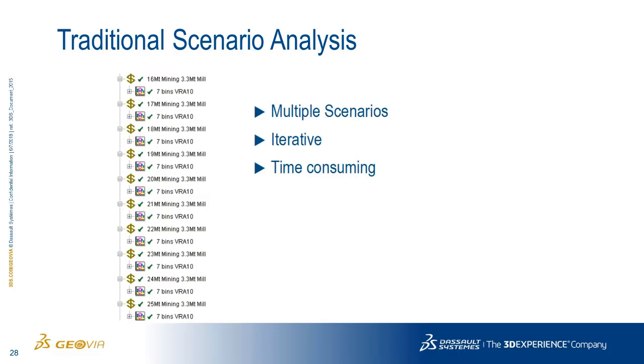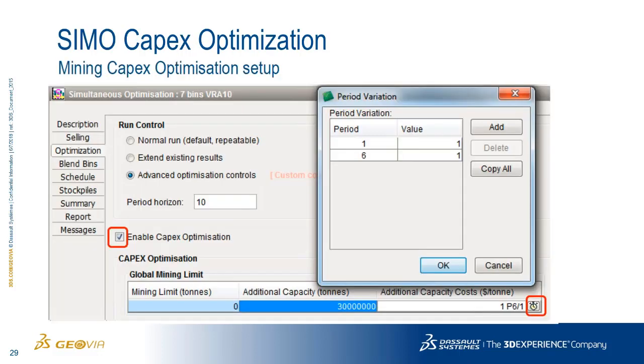Okay. So what the user would have to do is essentially manually try these different capital levels and obviously the capacity that goes along with it. Okay, so that could take some time. So the idea is inside of SIMO, they introduced the ability to do those iterations for you on the fly as I optimize my schedule, okay? So essentially what I have to set up is a linear relationship between capital and Capex.